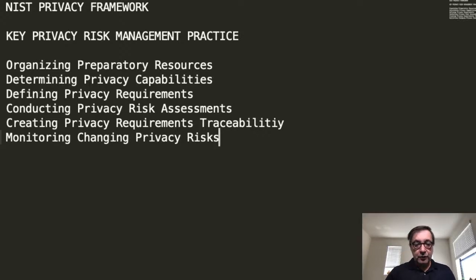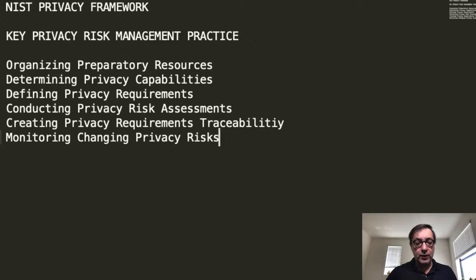So for that reason, it's interesting that the framework needs to spend a bit more time providing risk management guidance than they may have done in the cybersecurity framework, and that's very helpful. It builds out this privacy risk management guidance where they've highlighted some key privacy risk management practices to better support organizations that might be looking for additional guidance when it comes to privacy risk management.